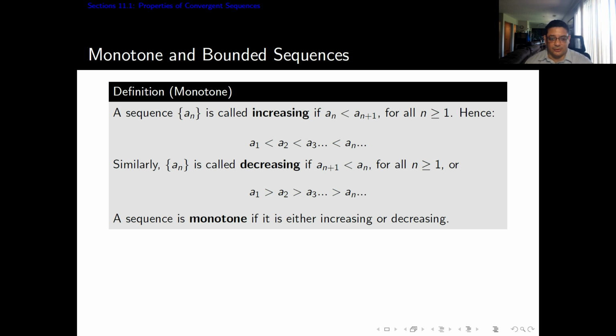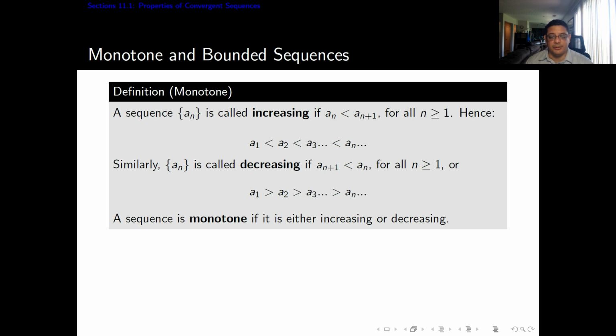Similarly, you can also have the decreasing sequence. In that case, the successor term is always going to be smaller than the one that came before. So in this scenario, a1 is bigger than a2, a2 is bigger than a3, which is bigger than a4, and so on and so forth. And the first one is always going to be bigger than a_n. These kinds of sequences, whether increasing or decreasing, are going to be called monotone.